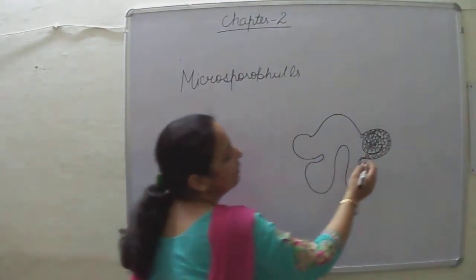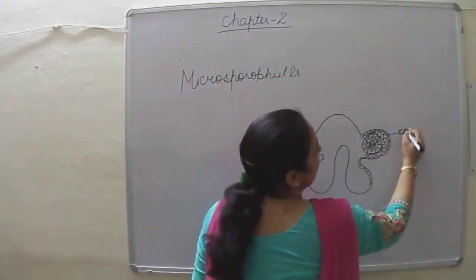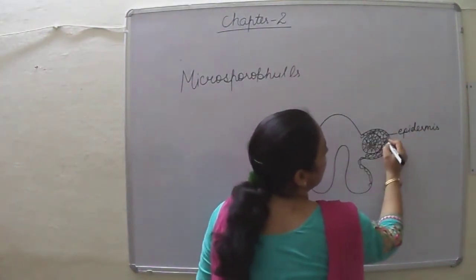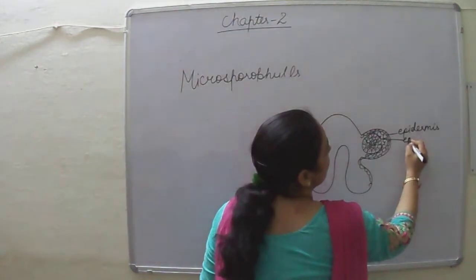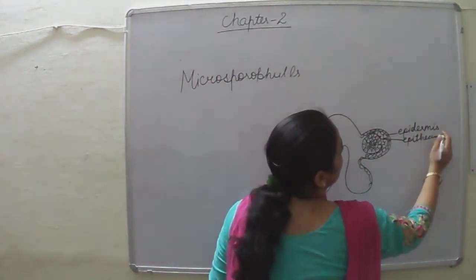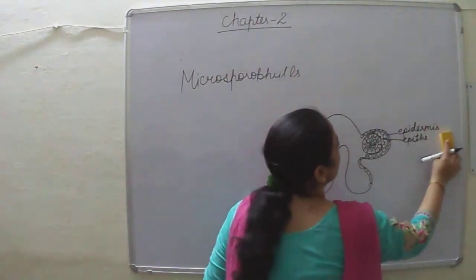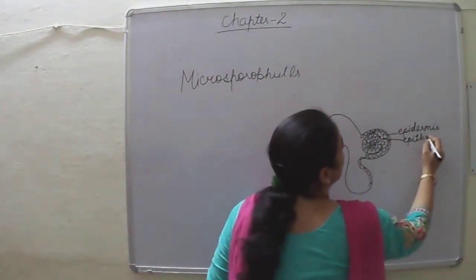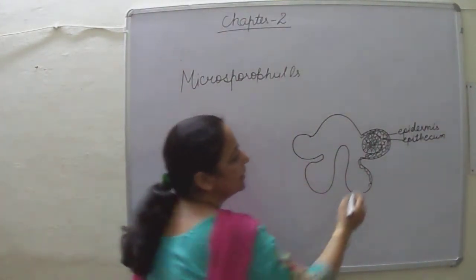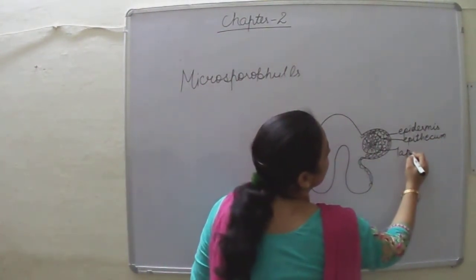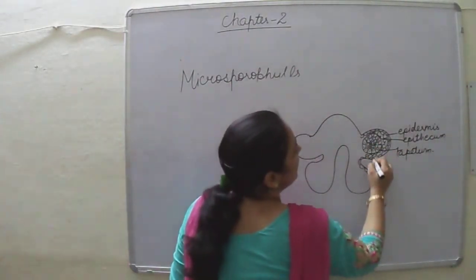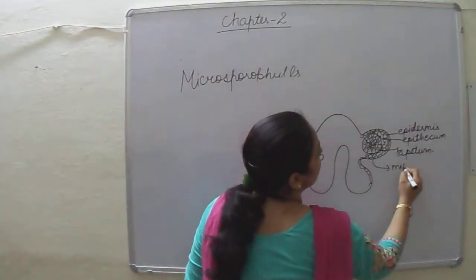The outer layer is the epidermis. This is the endothecium. This is the tapetum. These are the microspore mother cells.